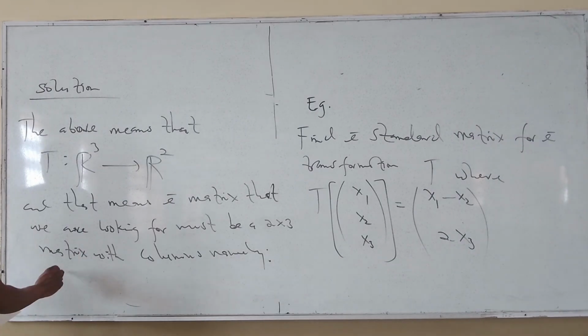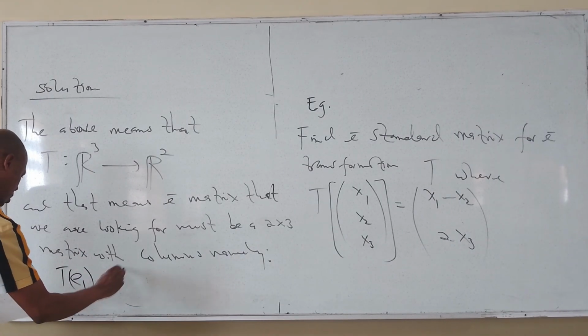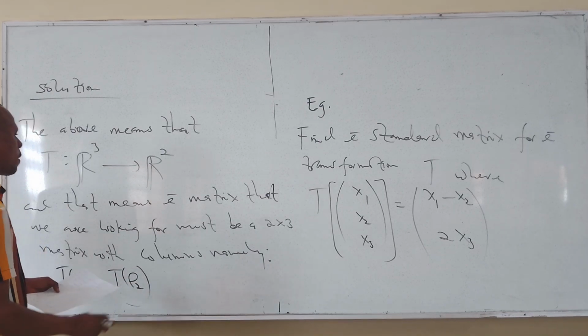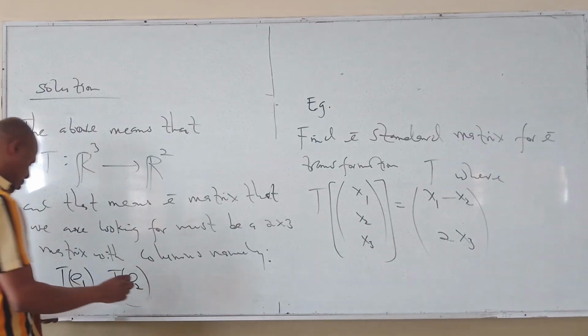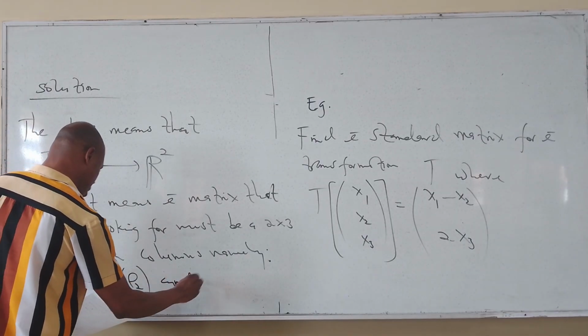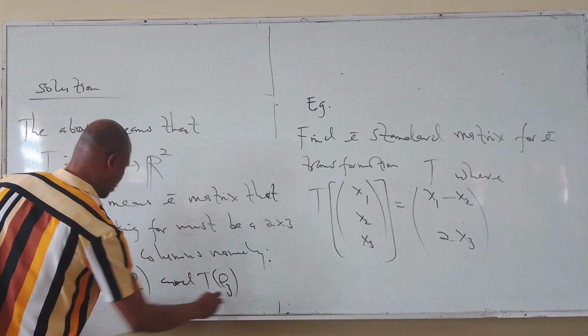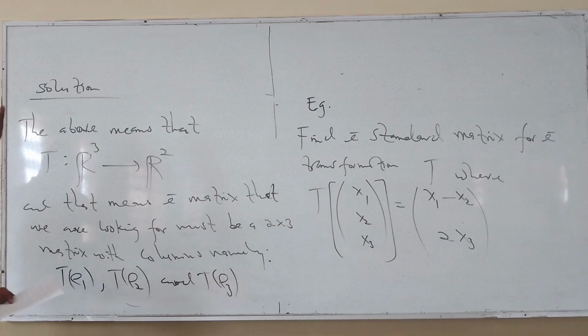We said the columns are T of U1, T of U2, and T of U3. So 2 by 3 means the columns are 3: 1, 2, 3 columns.